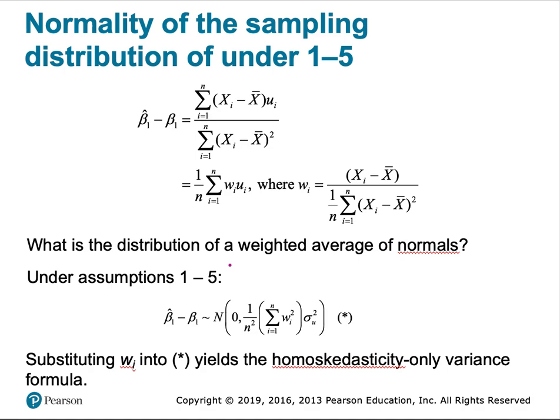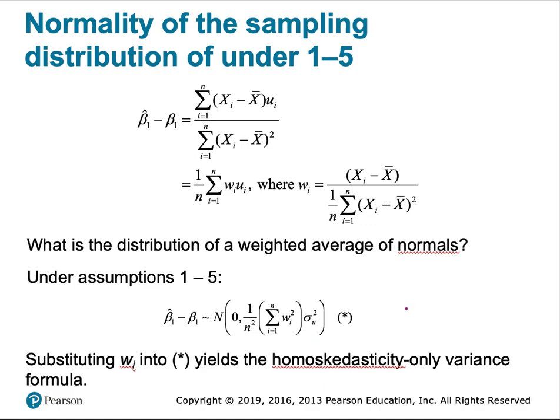So let's ask, what is the distribution of the weighted average of normally distributed random variables? That's what we mean here by normal random variables. Under assumptions 1 through 5, we substitute w_i into our understanding of the distribution of beta 1 hat minus beta 1, and that gives us the homoscedasticity-only variance formula.